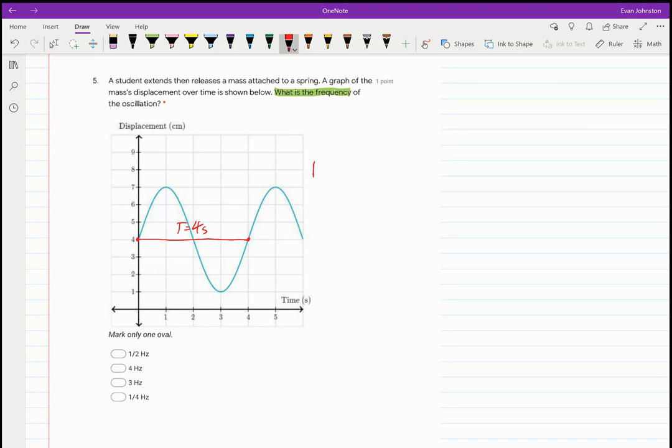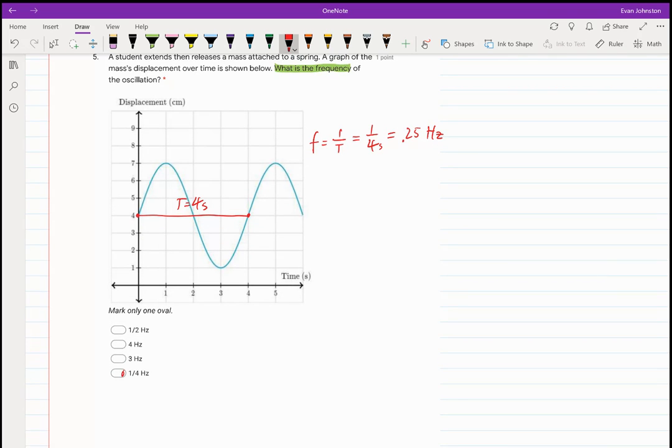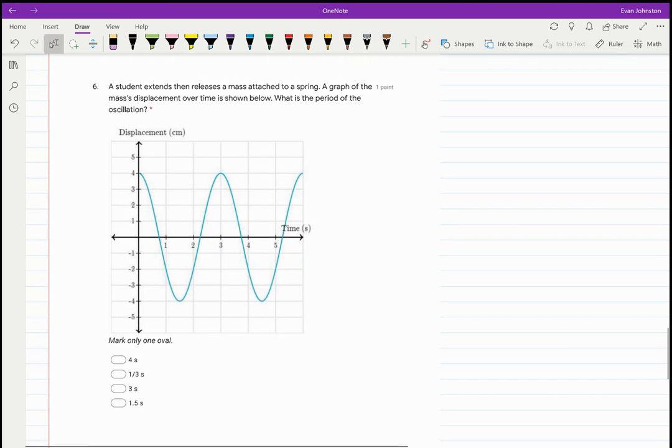If frequency is 1 over the period, we're going to get 1 over 4, which is 0.25 hertz, or 1/4 hertz. Boom.